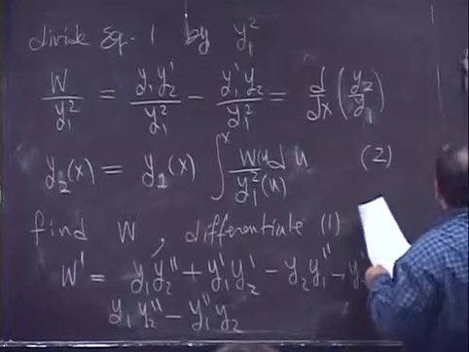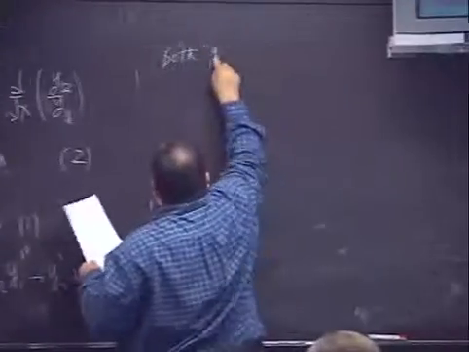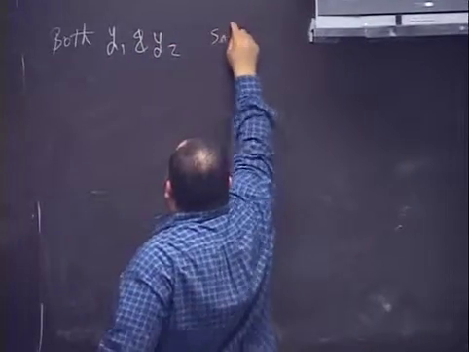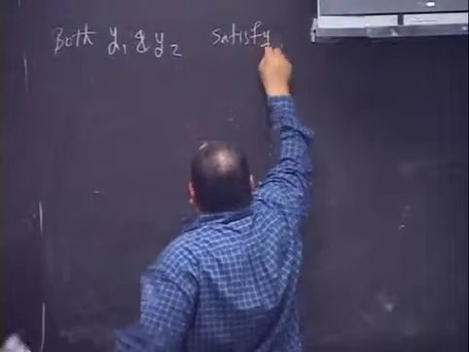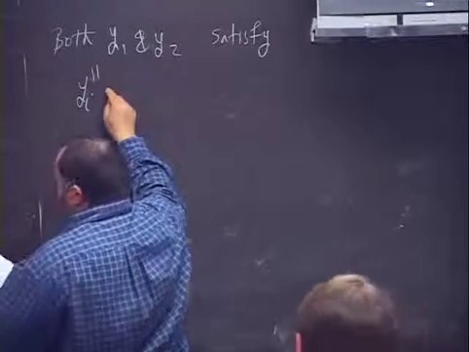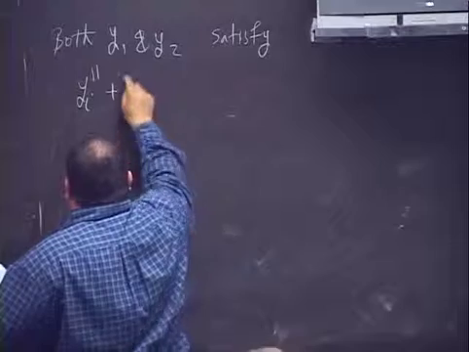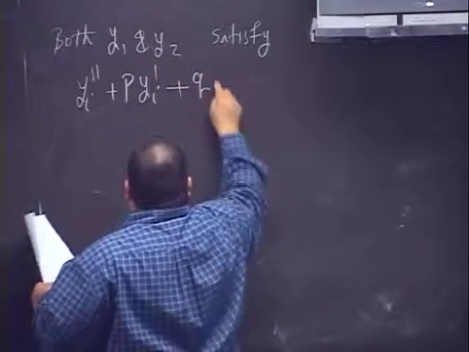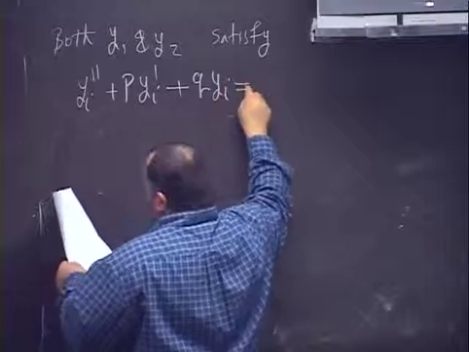Both y1 and y2 satisfy the differential equation, which is yi double prime plus p yi prime plus q yi equal to 0.